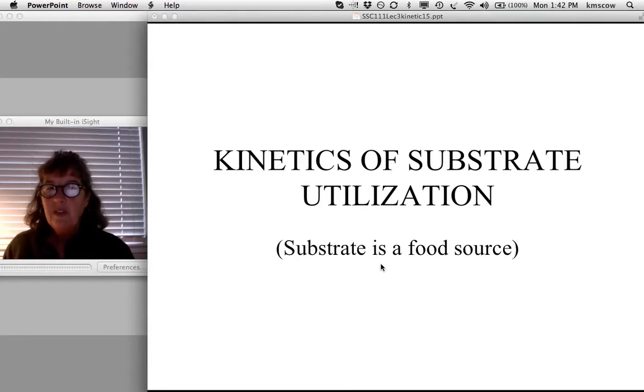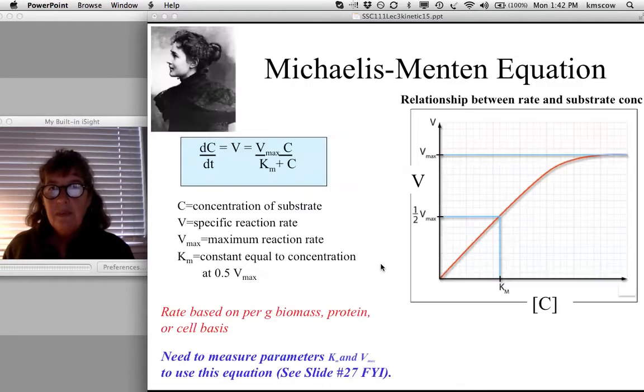Okay, so we're going to start with substrate utilization. Remember, a substrate is a food source. It can be an electron donor, it can be an electron acceptor like your perchlorate lab, it can be a nutrient source as well. So you all are familiar, I am sure, with the Michaelis-Menten equation or expression, which comes from biochemistry and is really applicable to enzymes, but it has been stolen to use for whole cells, which is what we're using it for in microbiology, because the relationship works pretty well in describing what's going on.